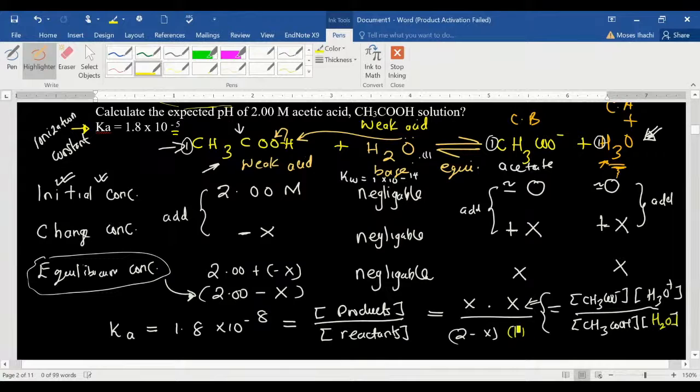Liquids and solids, their concentration is taken to be 1. We ignore them in this equilibrium expression. So the concentration of acetate is X, you see it there. The concentration of H3O plus is X at equilibrium, you see it there. And then the concentration of acetic acid is 2 minus X, you see it there.